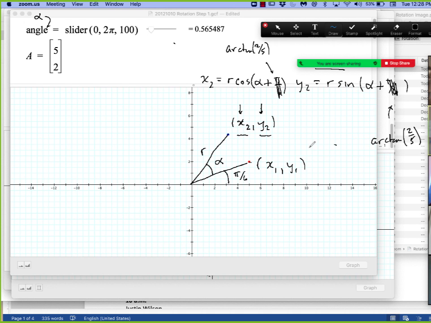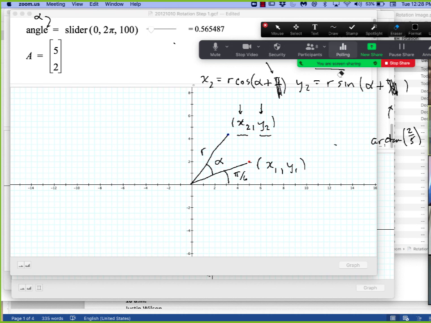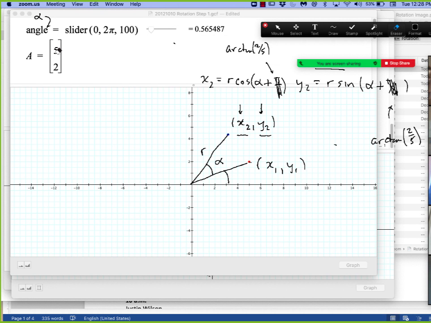So we've got a pretty big issue here that we talked about earlier. What's going on here? Using 2 over 5 isn't generalizing it. Exactly, right? When I change the coordinates of A, is it going to be arctan of 2/5?